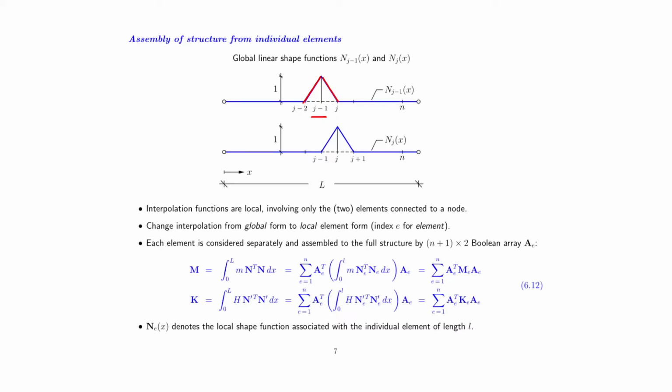And this shape function is equal to 0 at all other nodes, but equal to 1 at the specific node, which we refer to as N j-1. That means the index refers to the node where the function is equal to unity, whereas the shape function must be 0 at all other nodes. For the next node at j, we then formulate the shape function N j, and this should have a linear interpolation to the two adjacent nodes at j-1 and j+1, whereas it should be 0 at all other nodes.